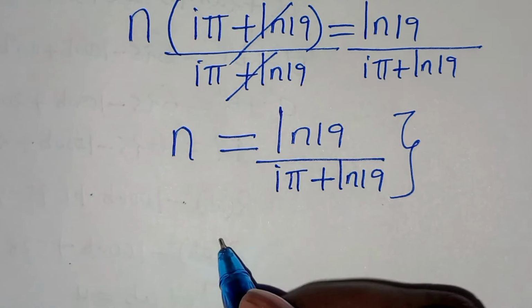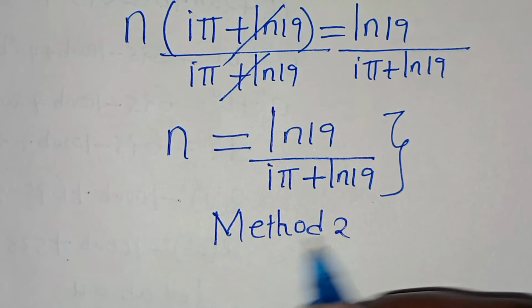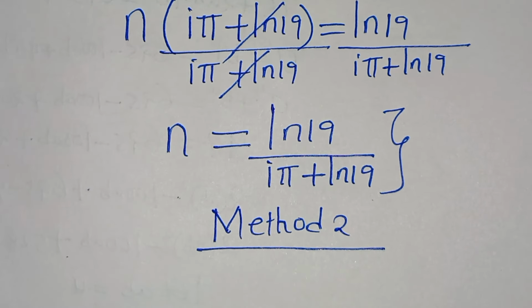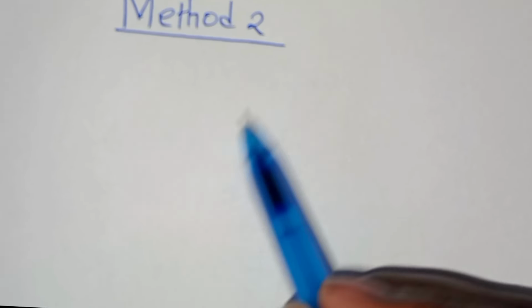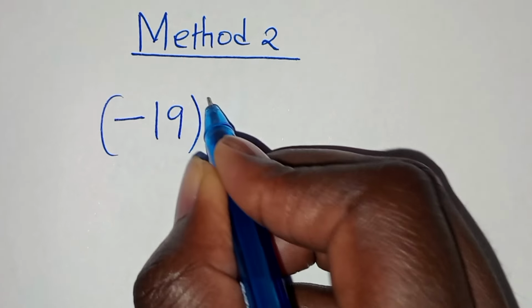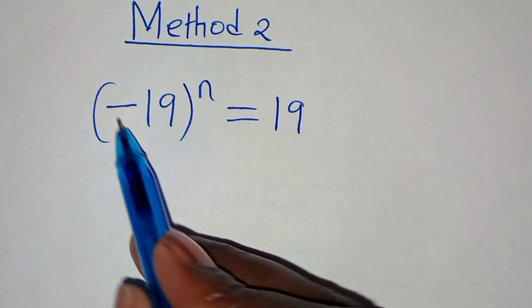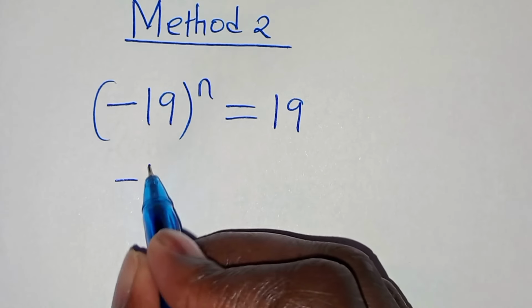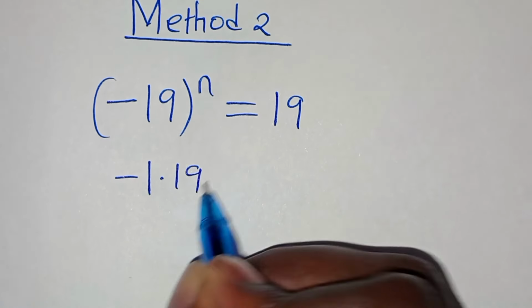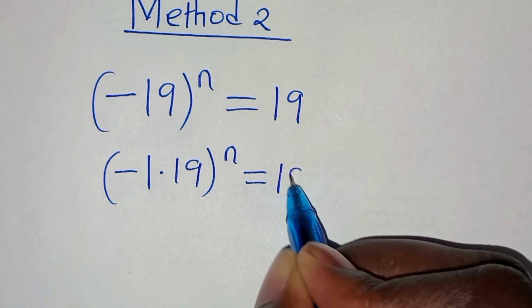So let's proceed to method 2. Now in method 2, let's apply the property of common logarithm where we have (-19) to the power of n, which is equal to 19. This is minus 19, which is the same thing as -1 times 19 raised to the power of n, equal to 19.